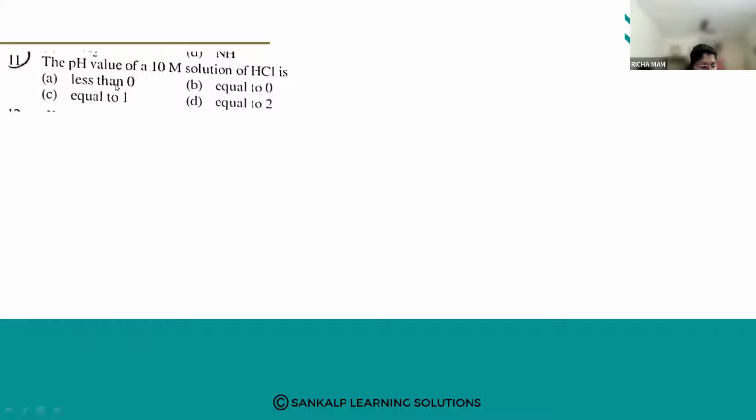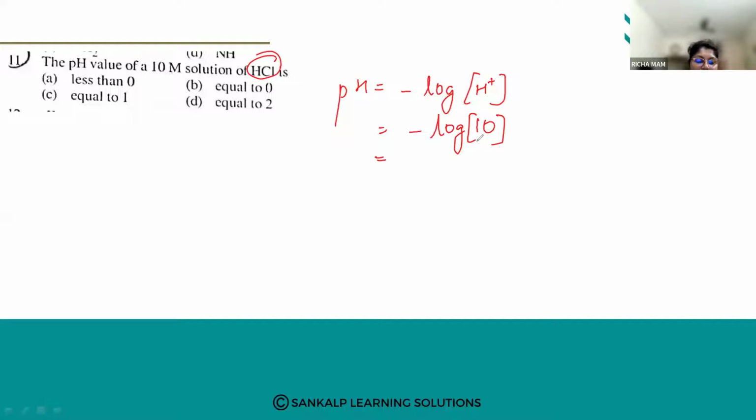How do you define pH? pH is equal to the negative logarithm of the concentration of H plus ions, right? Now, what is the concentration of H plus ions in a solution of HCl? Minus log of the concentration, which is 10. So what is log of 10?